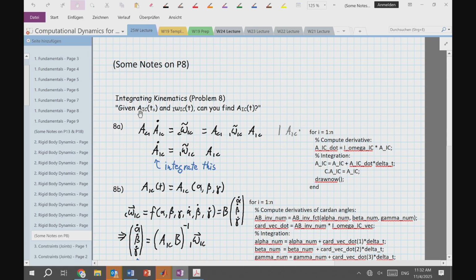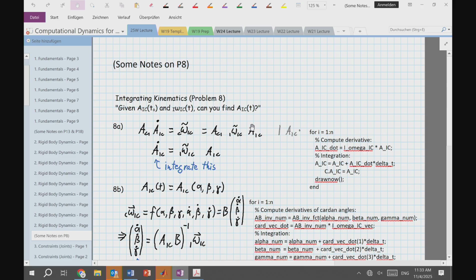So someone gives you an AIC at a time t0, which defines an orientation of a coordinate system. And then the same person gives you an angular velocity vector of that same coordinate system. In this case, the angular velocity vector was given in I coordinates, and it was constant. I think it was just 1, 1, 1, basically a rotation about this space diagonal. That was your rotation axis.